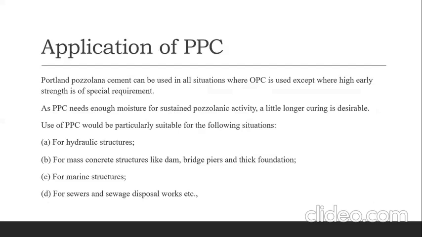The main advantages of using fly ash in OPC are that it reduces the high heat of hydration and increases delayed strength formation. As the days pass by, you get higher strength. So nowadays PPC, Portland pozzolana cement, is used for most structures: hydraulic structures, mass concrete like dams, bridges, piers, foundations, then marine structures, and sewage and sewage disposal works also.